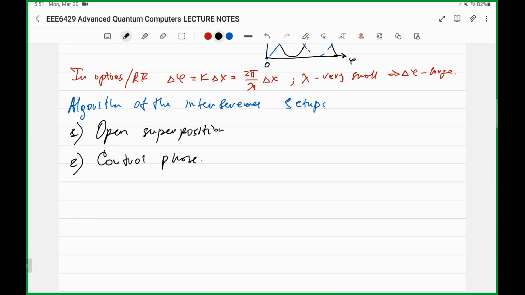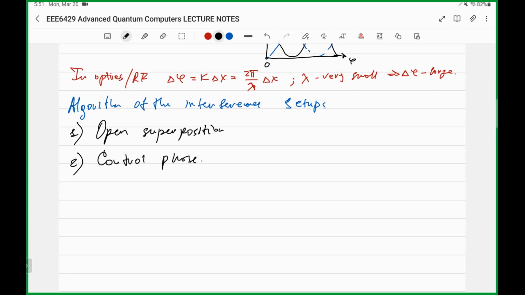Anytime you control phase, for example if you want to create some sort of sensor, you need to come up with a way how the variation of parameters or of some figure of merit in your system affects the control phase.